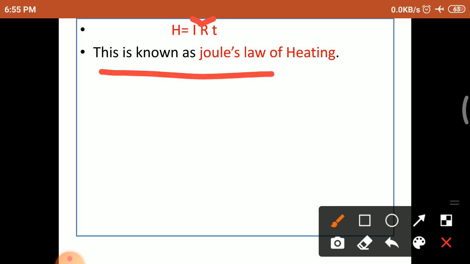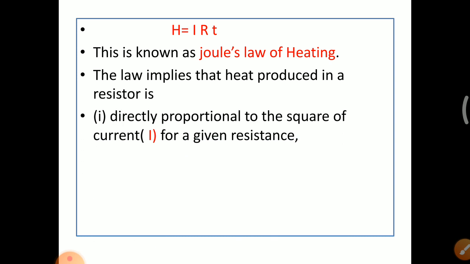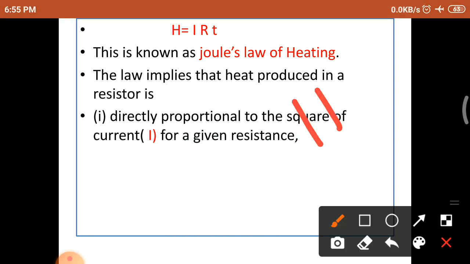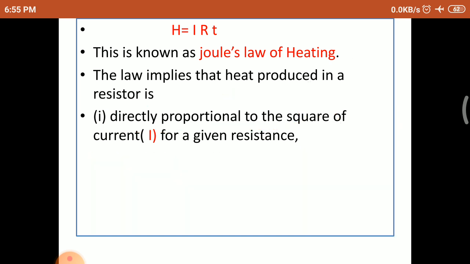This is known as Joule's law of heating. So when we are giving current in the conductor, some energy is used as heat and some is used for working the appliance. So this law implies that the heat produced in a resistor, that means H equal to I squared RT, is directly proportional to the square of the current, that is I squared.